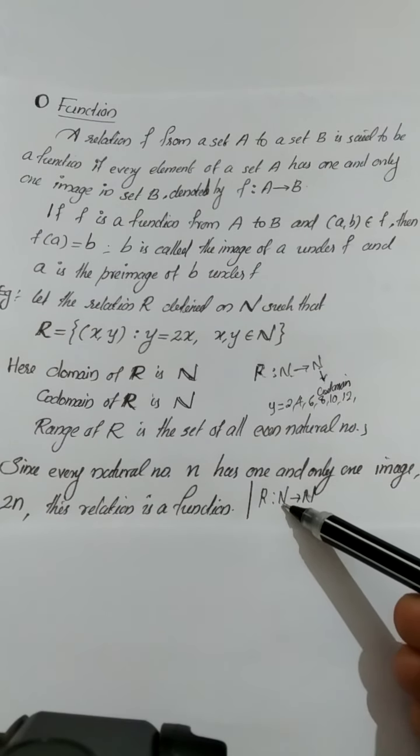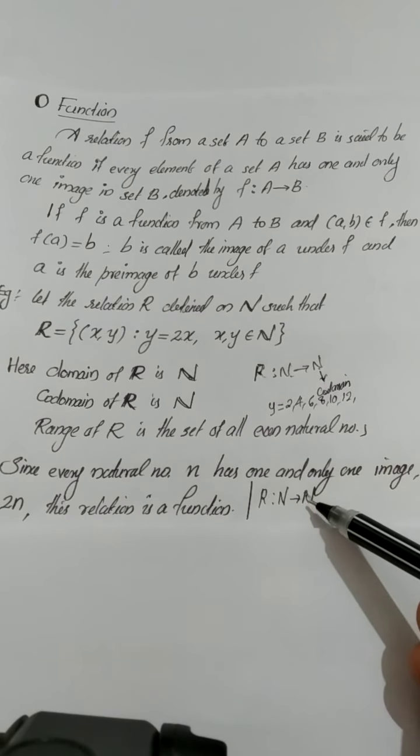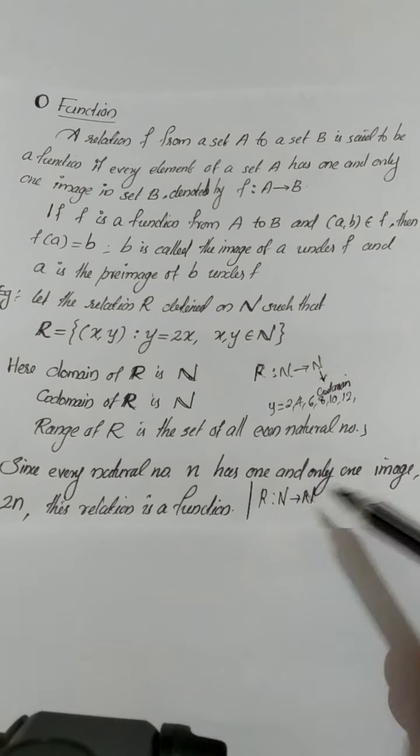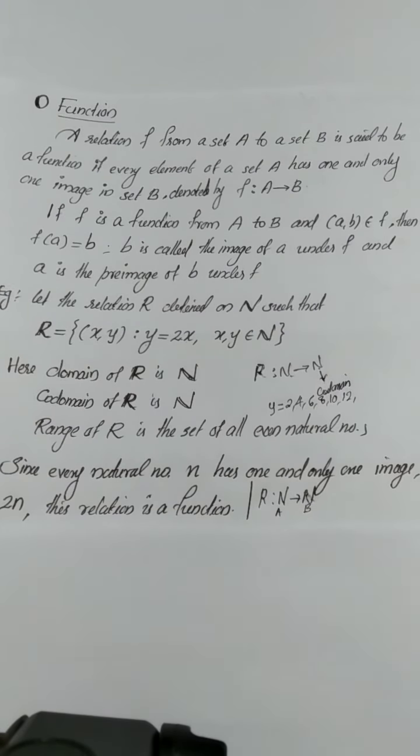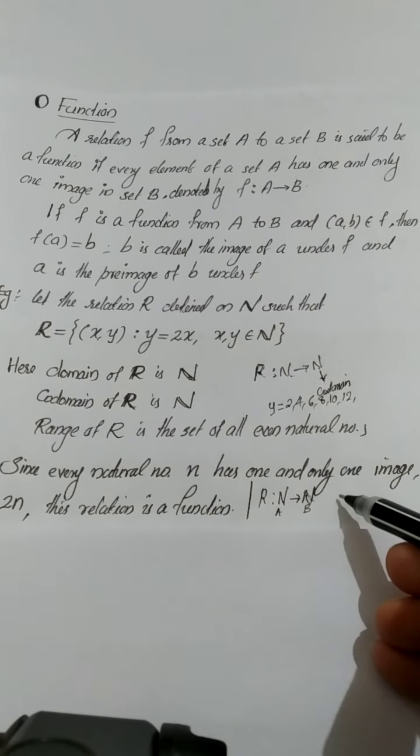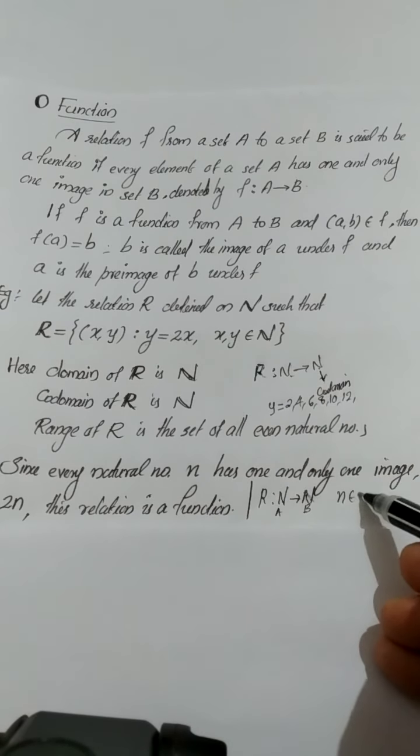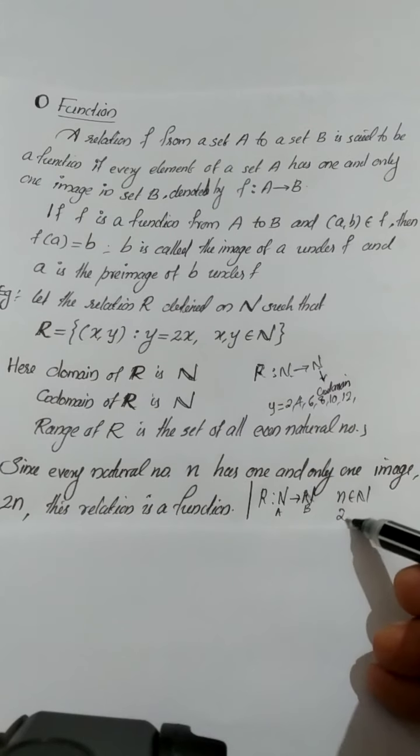Every element in A has one and only one image in B. This is A, this is B. So this is natural numbers A, this is again natural numbers B. If we take an element n belonging to N, we will get the image 2n.